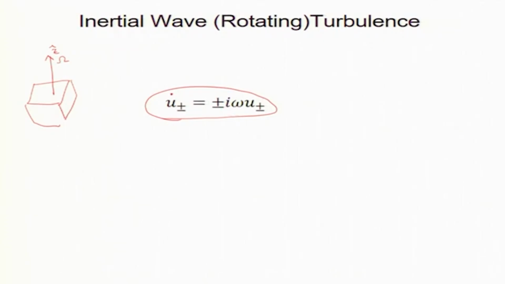So, they are linear waves, right. By the way, the omega is the rotation. In fact, I should really use capital omega. So, let us use capital omega, this is the rotation frequency.